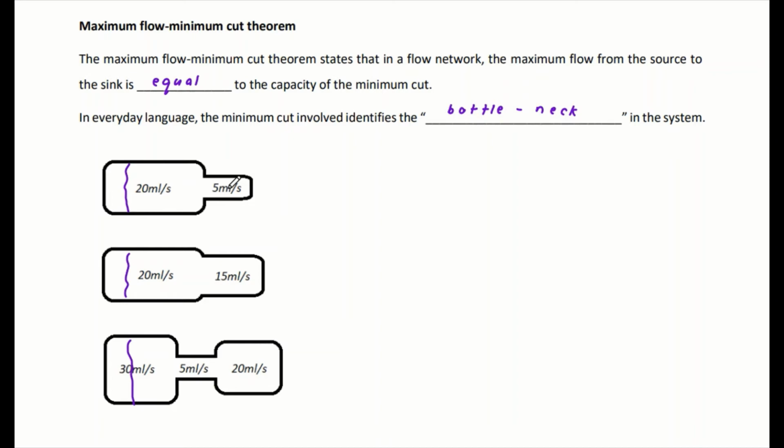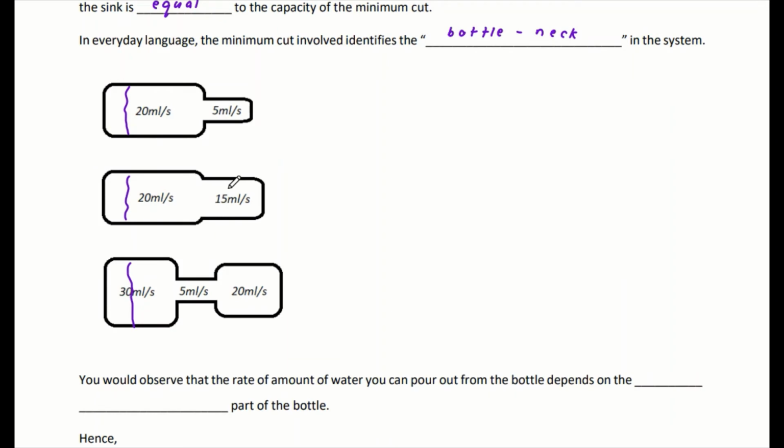So you can imagine that the maximum flow that I allow water to come out is determined by the most restrictive part. Same thing here.